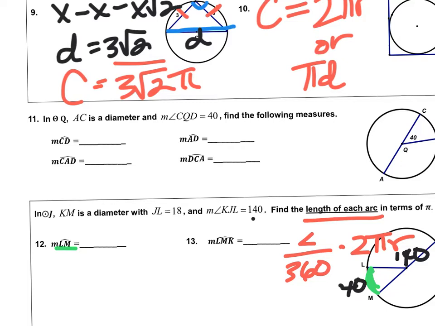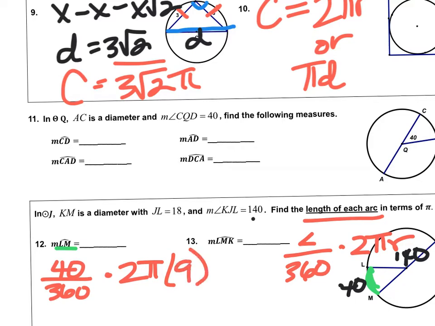I did work this out on the partial key if you needed an explanation. I'm taking that angle out of the 360, then multiplying it by 2 times pi times the radius. The radius on this problem was 9. Or I could just say times the diameter, but they gave us the radius, so I'm just going to plug in that 9.